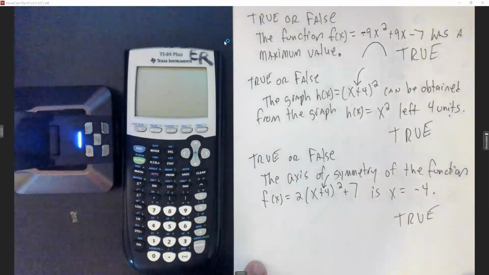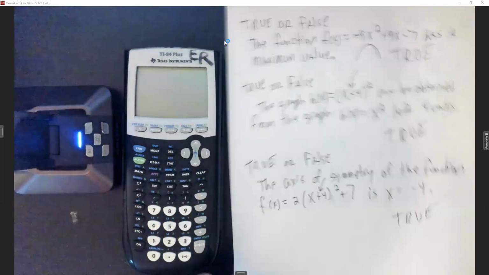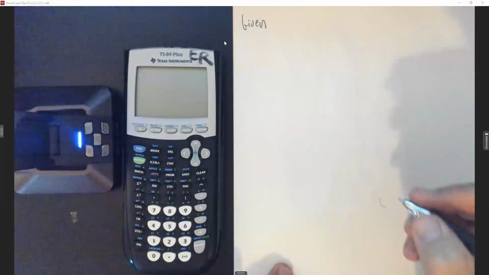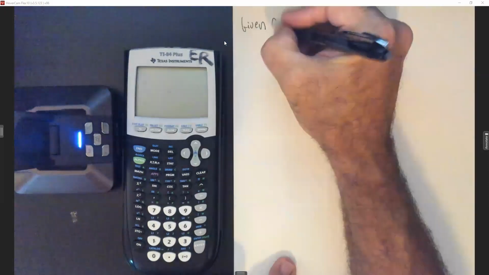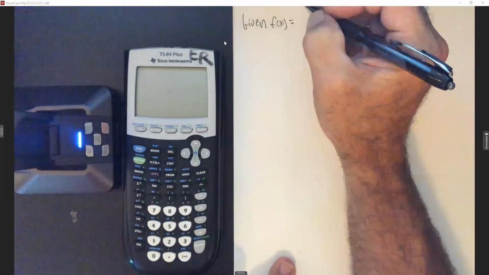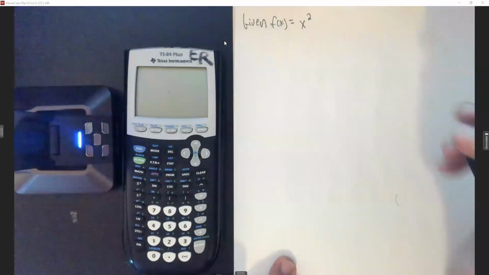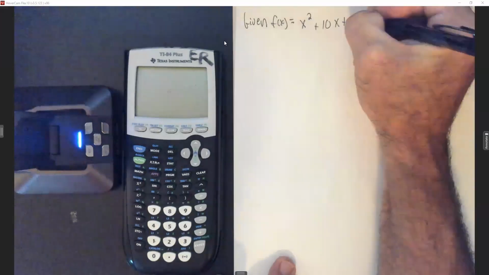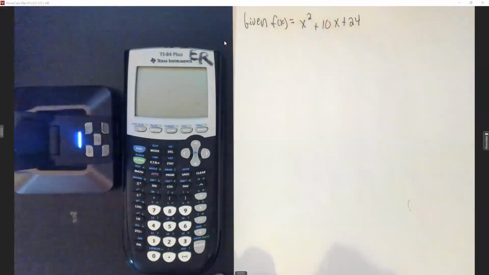All right, y'all, here comes the big problems. So they're going to be given f of x equals x squared plus 10x plus 24. Ooh, we got to find a lot.